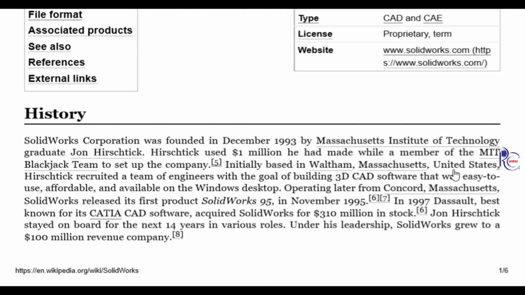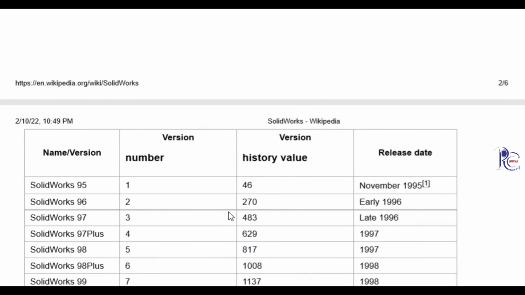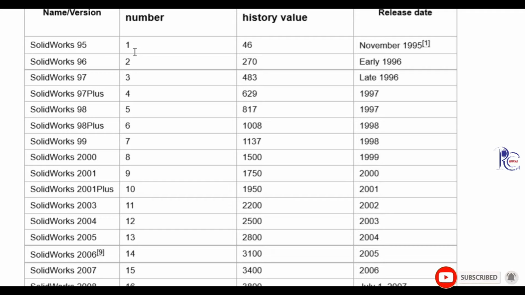The main focus of this 3D CAD software is design. Solidworks currently has several versions, like the CAD software, highly collaborative and manufacturing software. These are all the history of release dates. The initial release is 1995.